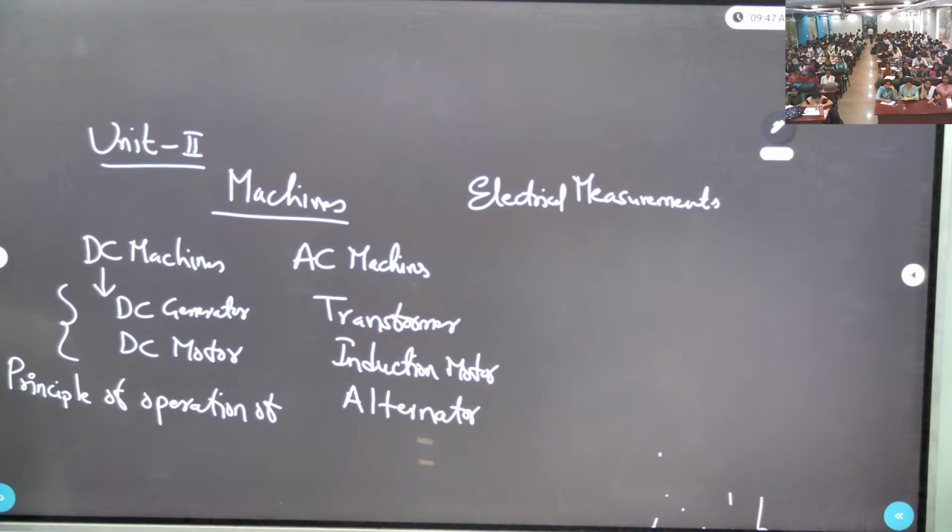For example, for the DC generator, what is the principle? Just three lines. DC generator operating principle, transformer operating principle, induction motor operating principle, alternator operating principle. Just know on which principle it is working.